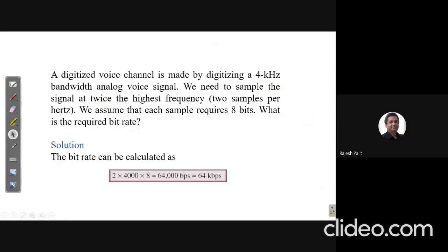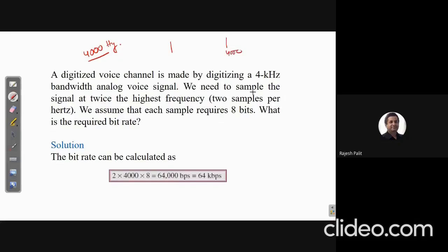Now there is a very simple problem. Say a digitized voice channel is made by digitizing a 4 kilohertz bandwidth. So the bandwidth of the voice signal is 4000 hertz, which means the highest frequency is 4000.